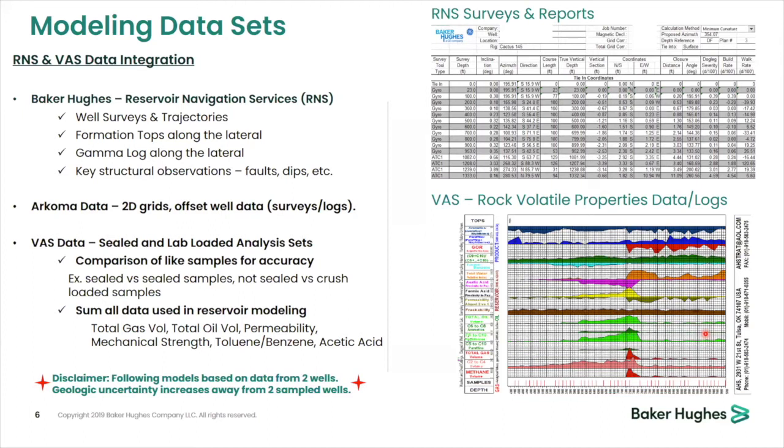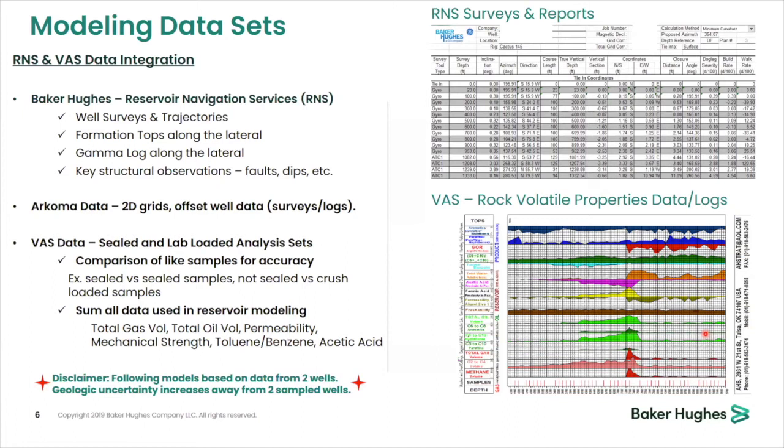In the area, both sealed at well and lab loaded data sets were available. However, to stay consistent, we decided to utilize data sets with the same method so that we didn't compare older cuttings to sealed at well samples. So going forward, we decided to go with the sealed at well samples.